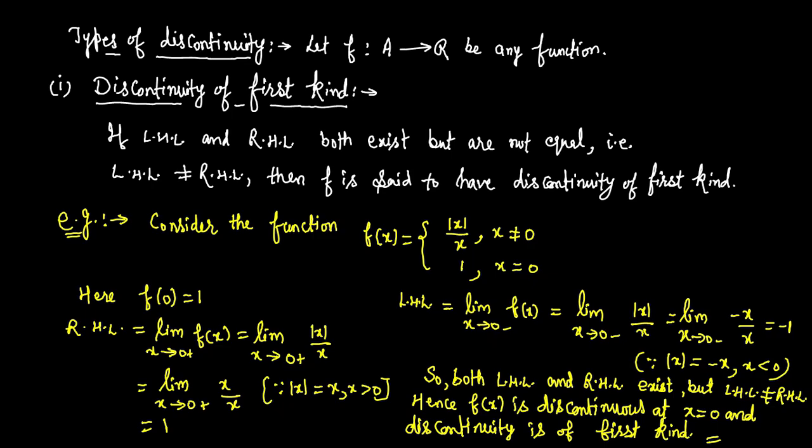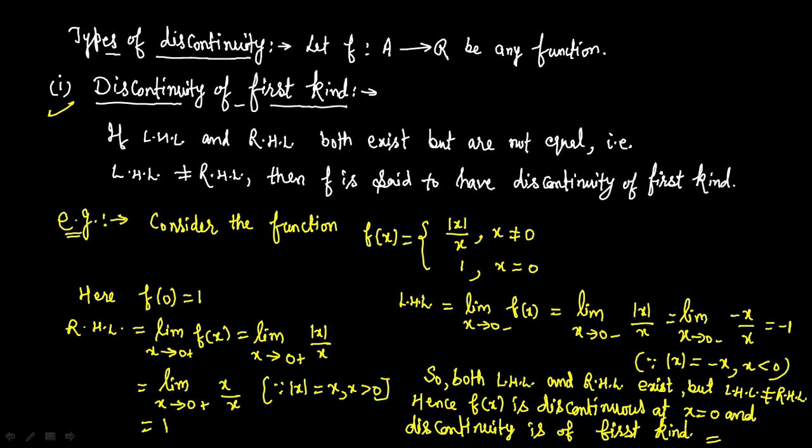So now watch this screen. Types of discontinuity. In this case, we take f from A to R to be any function, where A is any non-empty set. Now look at discontinuity of the first kind. What is discontinuity of the first kind? If LHL and RHL both exist but are not equal.